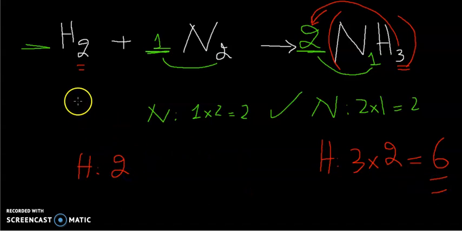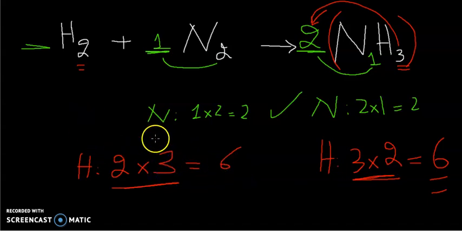So what should I do? I should multiply 2 by a number to give me 6. In the product, if you look, it's 3 times 2. In the reactant, it would be 2 times 3 to give you 6. So here I put a 3.